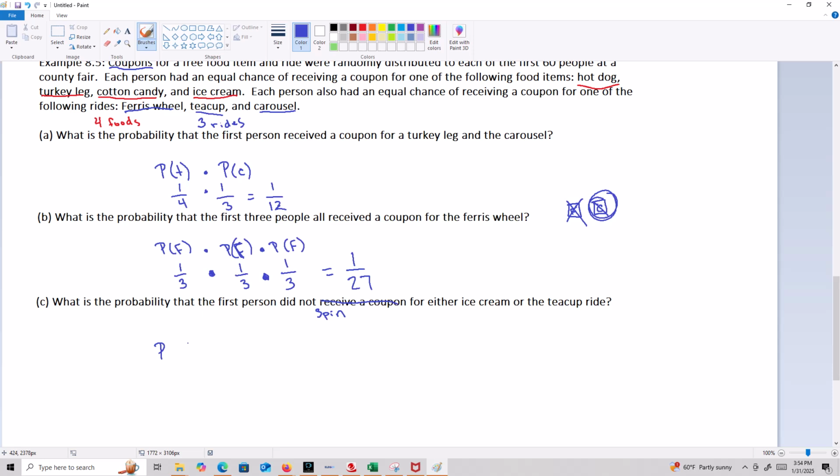But the probability of the complement for ice cream and the complement for the teacup ride equals the probability for the complement of the ice cream times the probability of the complement for the teacup.